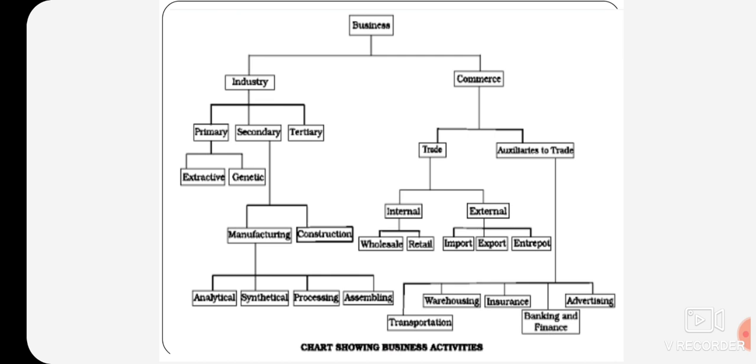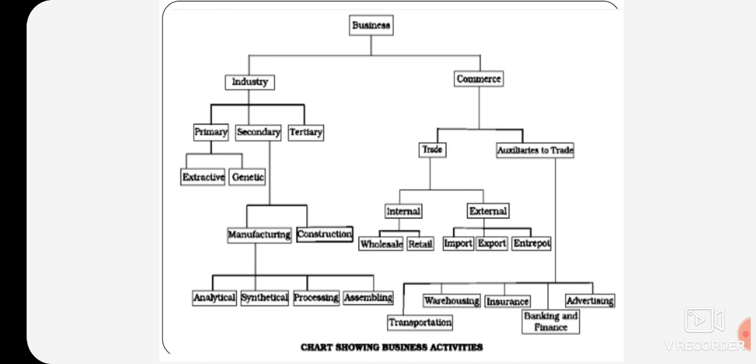So again, in case of industry, we are going to study three types of industries. One, primary industry, second one, secondary industry, and third one, tertiary industry. So industry can be studied under these three heads: primary, secondary, and tertiary industry.